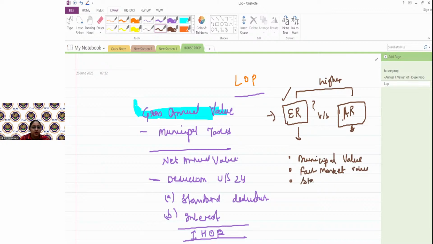And another thing is standard rent. Now you will be like, ma'am, what are these? Municipal value is the value on which the municipal authorities levy taxes. You must have heard the concept of property tax or house property tax. That is calculated based on the municipal value. How the municipality comes to a house property tax for the year: for that, they take a municipal value for the year.